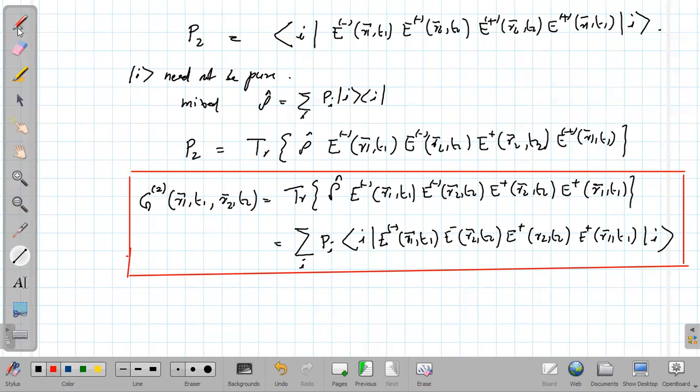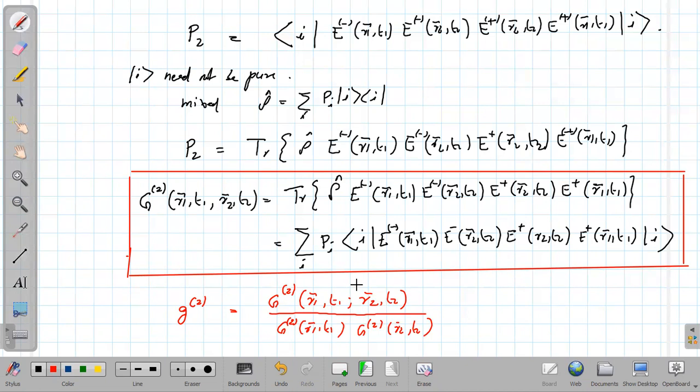Okay, so we can define the normalized second order coherence function, which we shall define by the symbol g2. So g2 would be equal to G2(R1 T1, R2 T2) all divided by G2(R1 T1) G2(R2 T2).